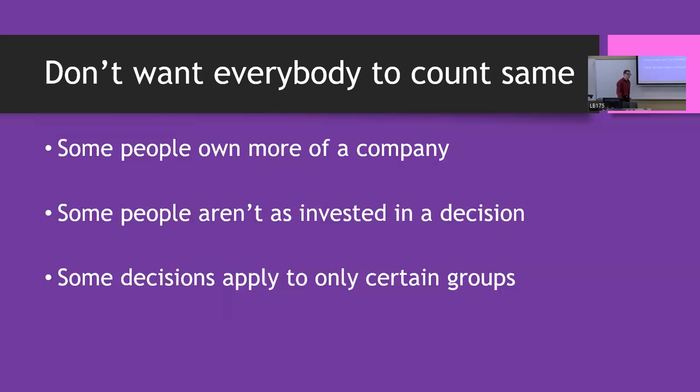Because you're not going to care what I eat for dinner. And unless you're coming over to my house, what I eat doesn't even matter to you, right? So obviously that's an extreme case, but there are situations in which certain people aren't quite as invested in a decision, right?